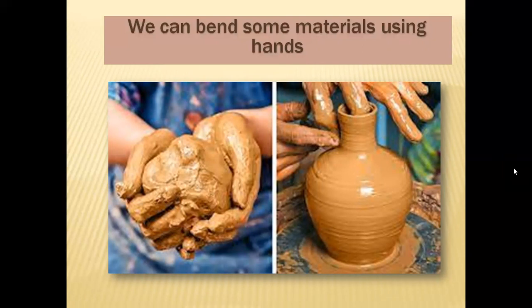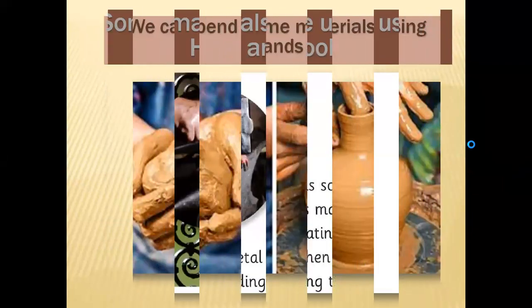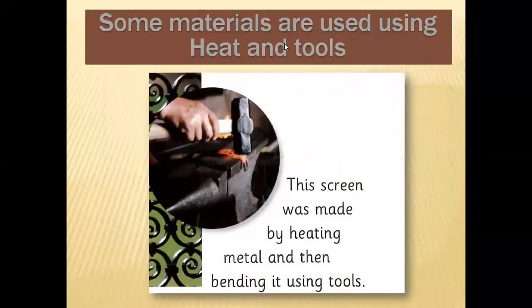Whereas some of the materials are changed by using heat and tools. Why do we use heat and tools to change their shape? Because they are hard. We cannot bend these tools with our hands. So what we do, boys, we heat them or we use some tools to bend them.